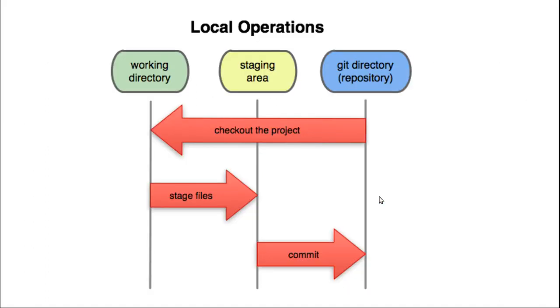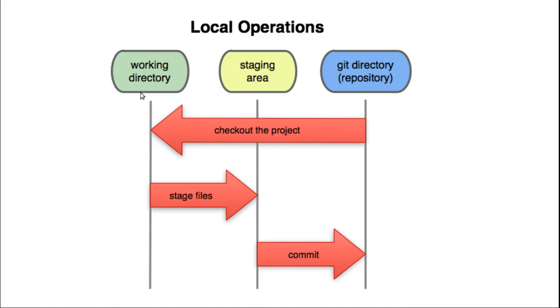Okay, now let's take a look at the local operations which we can do on our project folder using Git. One thing we need to know is that there is something called a Git directory, which we saw earlier, .git, which contains all the information about your project. Whenever you edit any file, it gets into an area which for Git is called the working directory, where the files are being edited and modified.